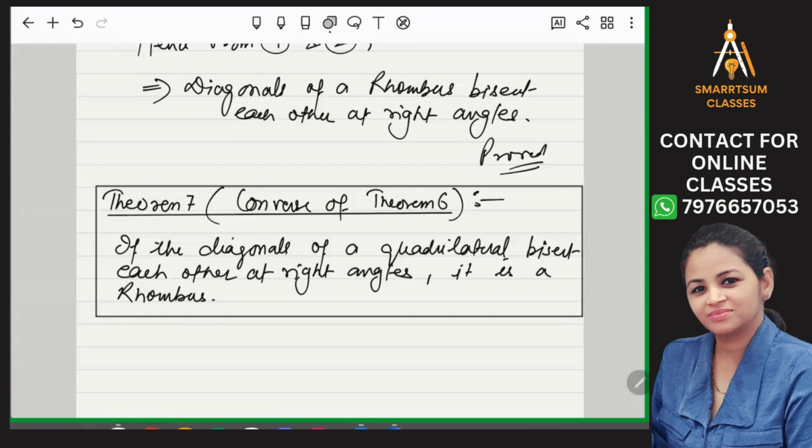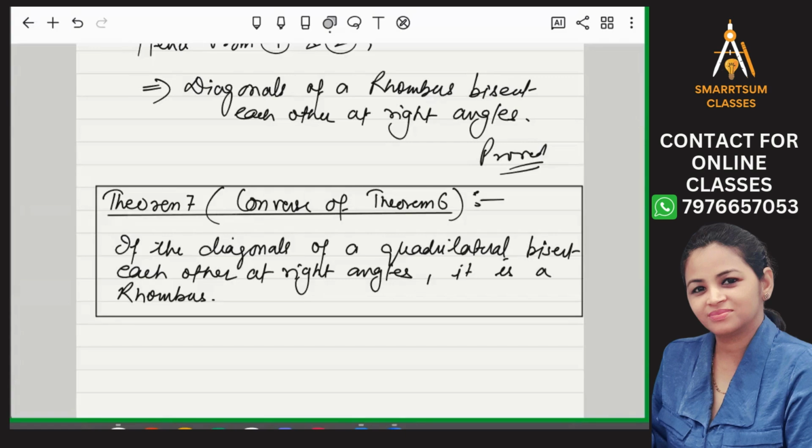To prove this theorem, first write down what is given. ABCD is a quadrilateral in which the diagonals AC and BD intersect at a point O and bisect each other. So it is already given that the two parts of the diagonals are equal. It is also given that they are perpendicular.